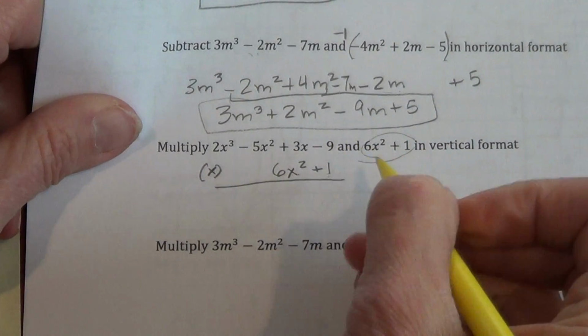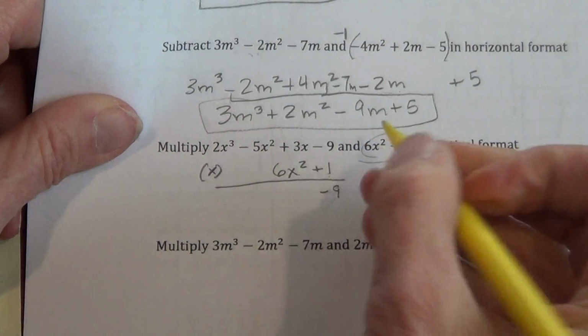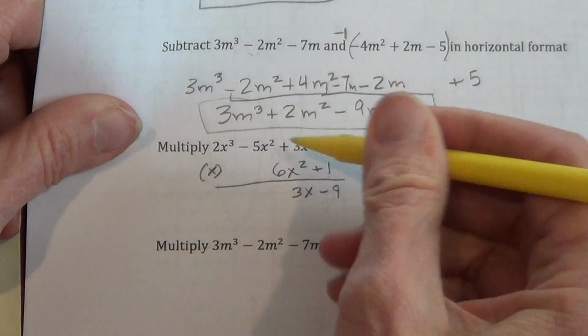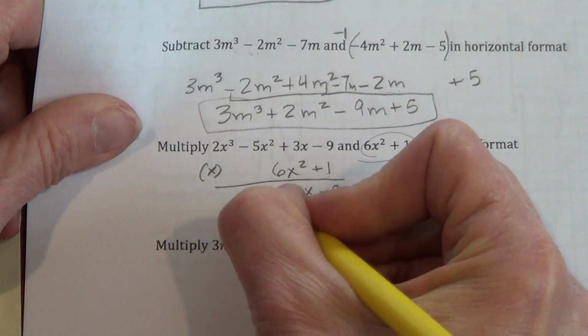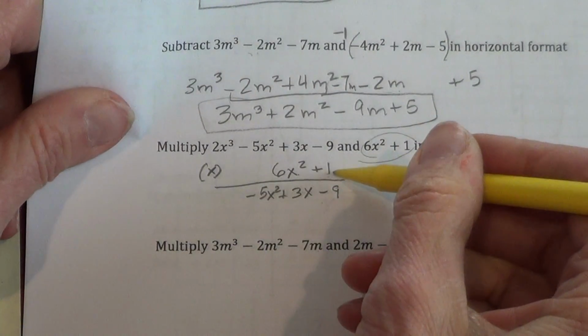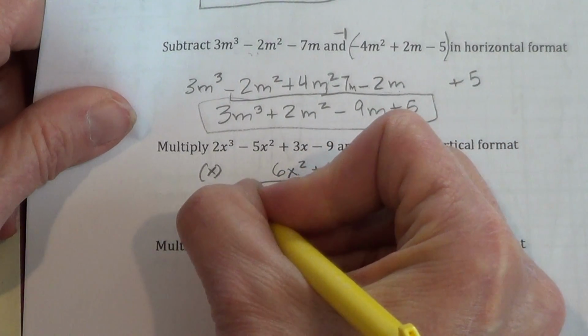Now I just take 1 times negative 9, negative 9. 1 times 3x is 3x. 1 times negative 5x squared is negative 5x squared. 1 times 2x cubed is 2x cubed.